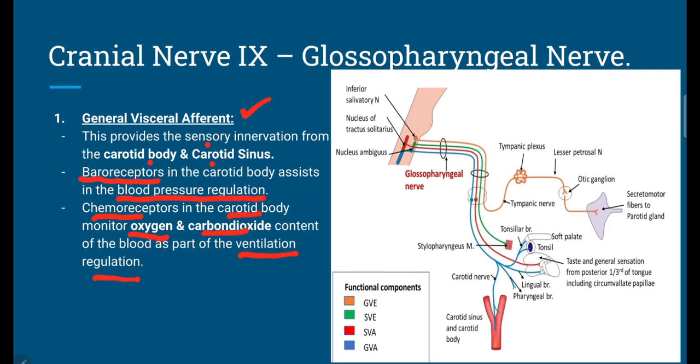Over here, you're looking at the general visceral afferent, so look at the blue part. The carotid body is present right here at the bifurcation. You will see the carotid nerve going up, making its synapse right there, and going back up to the medulla.